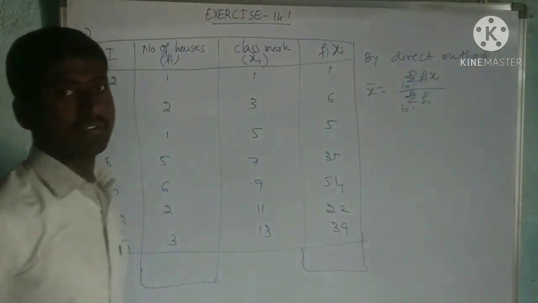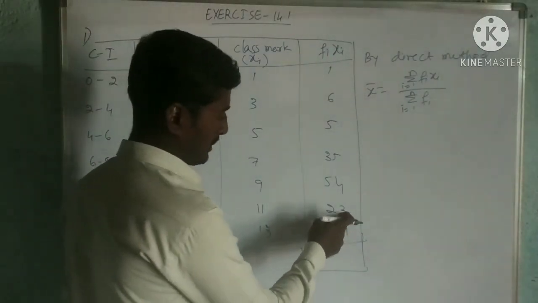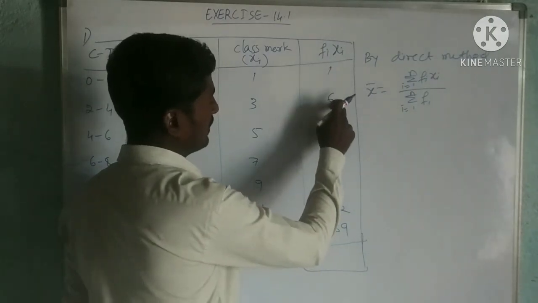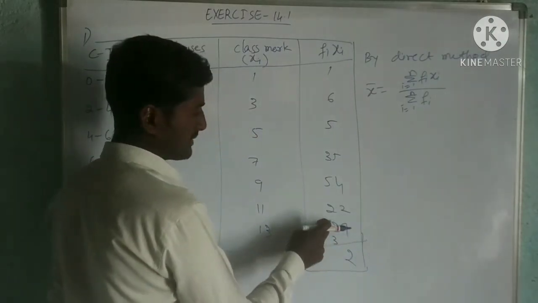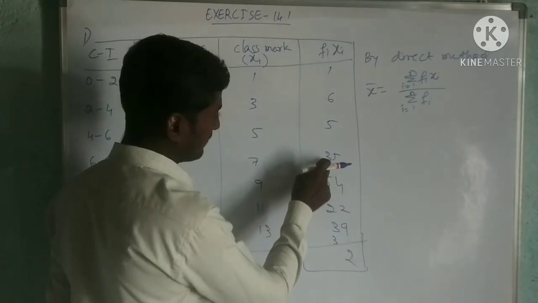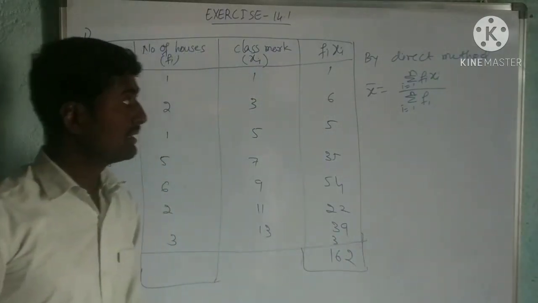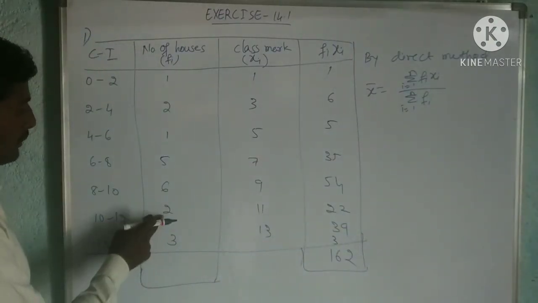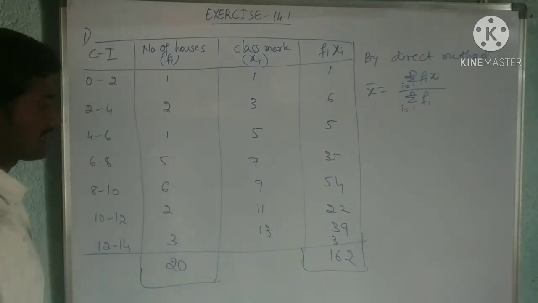Now I want the sum of Fi xi, so we add all these: 9 plus 2 is 11, 15, 20, 25, 31, 32, 32. 6, 8, 8 plus 5 is 13, 13 plus 3 is 16, 162 it is. Then I want the sum of Fi: 5, 10, 16, 17, 20.